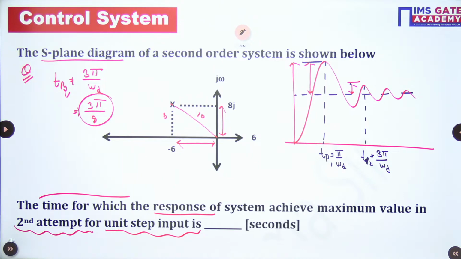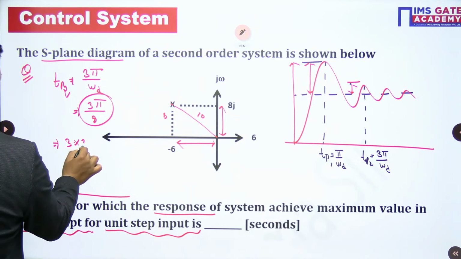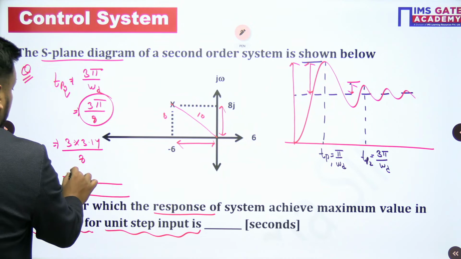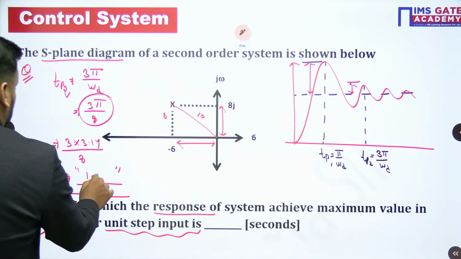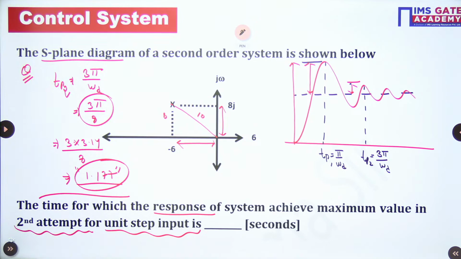When you solve this, 3 multiplied by 3.14 upon 8, you will get 1.177, near to 1.18.